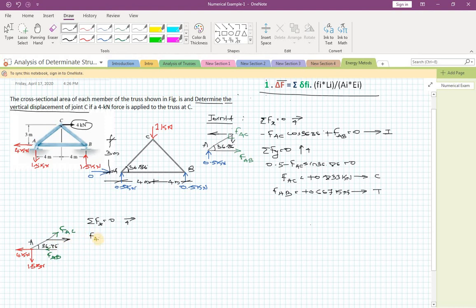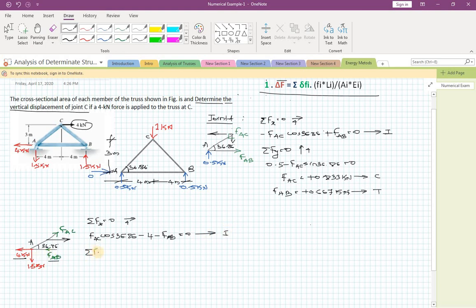So it is FAC cos 36.86, and this is minus 4, and this also is minus FAB equal to 0. So two unknowns are there. Let me call this equation 1.